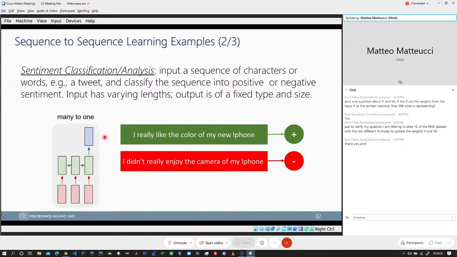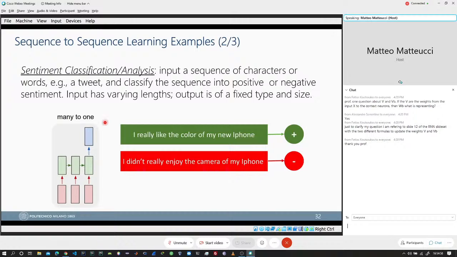You can either represent the mood as a binary variable, so you classify it as positive or negative, or you can have a more graded scale. Based on this scale, you can do a regression, where you predict the value of the output given the sequence.